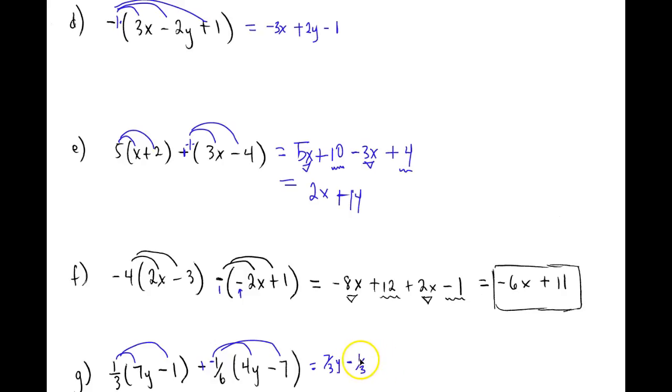Then after that we have a -1/6 times a +4y, which is a -4/6y. And then we have a -1/6 times a -7, which is a +7/6.